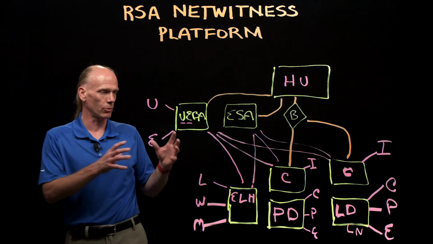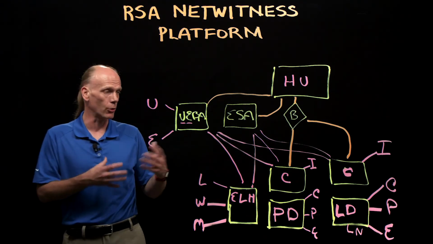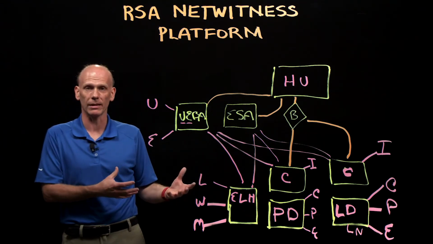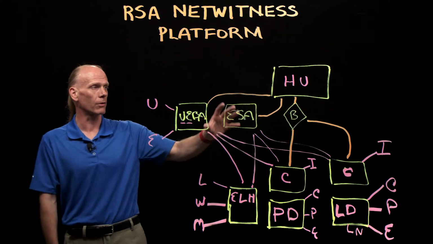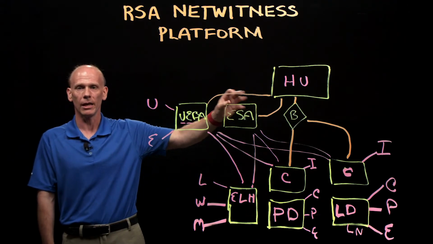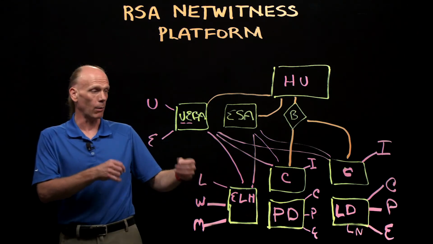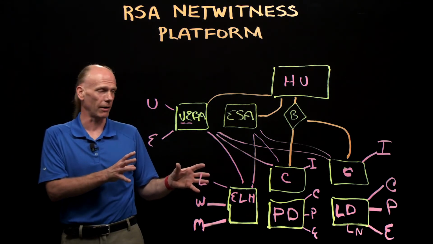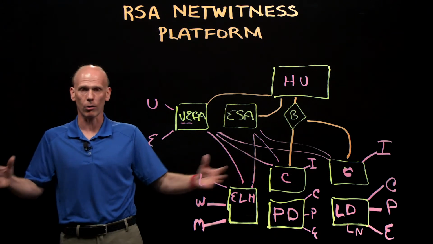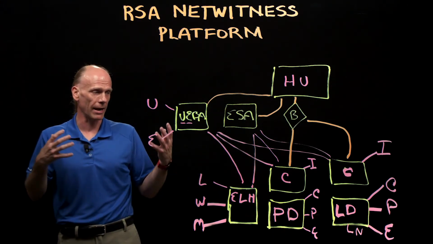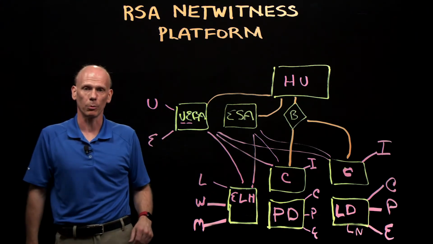Now, in addition to working with the data and understanding and finding threats that I have, one of the other core functions of the head unit is to provide the administration functions for your system. Now, we've drawn a very small architecture here. We could scale this out horizontally and vertically to provide for massive global deployment.